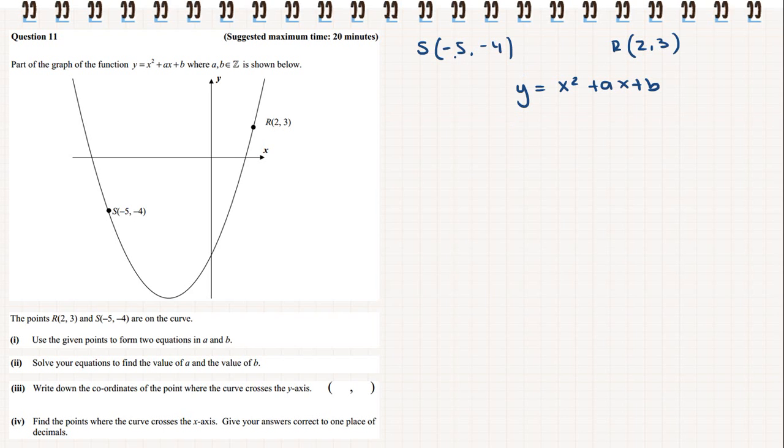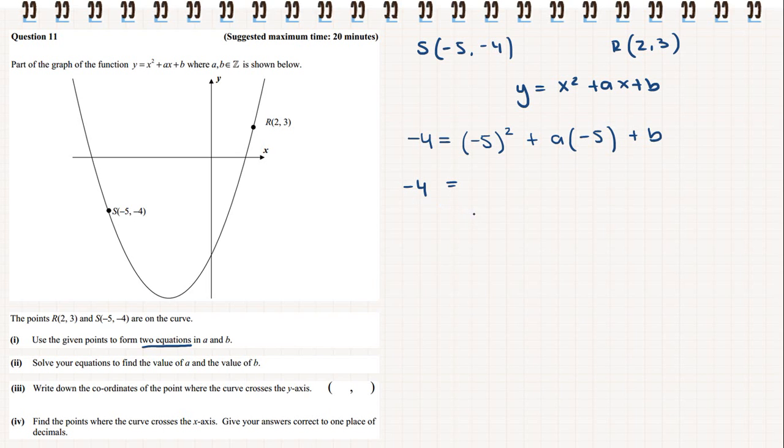So we can substitute -5, -4 into the equation. For y, we're going to put in -4. So -4 is equal to, and then for x we're putting in -5. So we have -4 is equal to -5 squared plus a multiplied by -5 plus b.